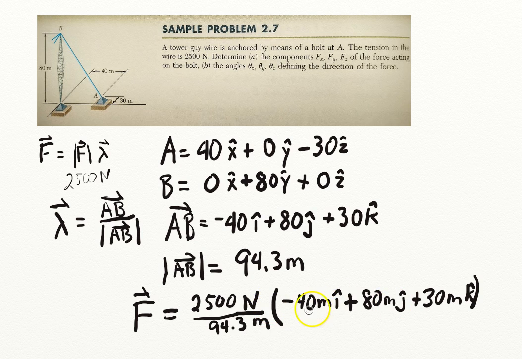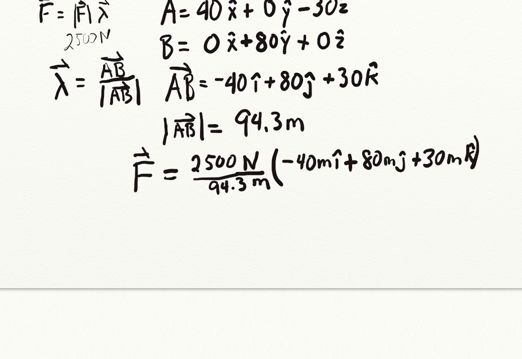So you can see once I do the multiply everything out, the meters will cancel out, and I'll just end up with force here. And then when I multiply this out here, what do we have? I'll just write it down.